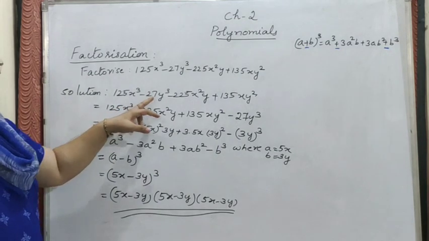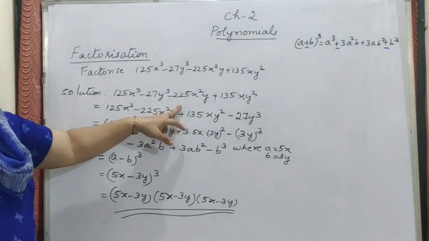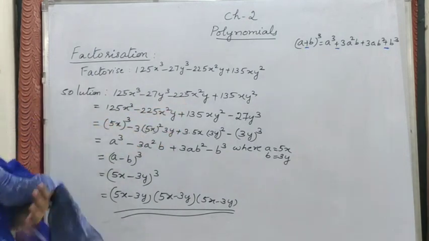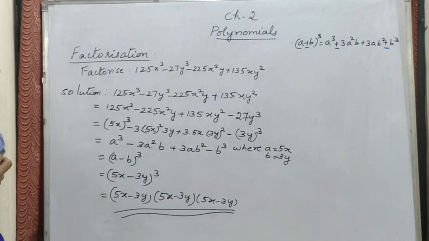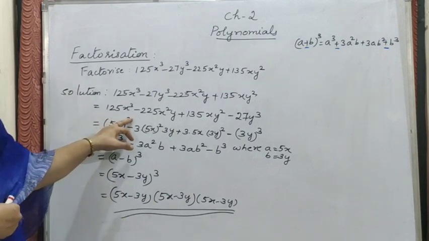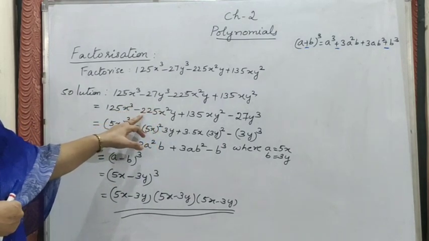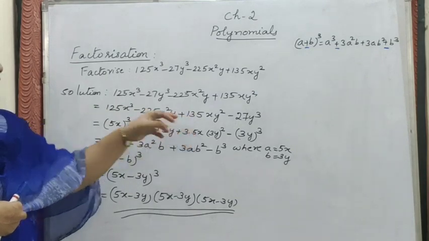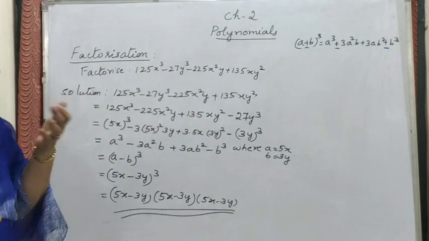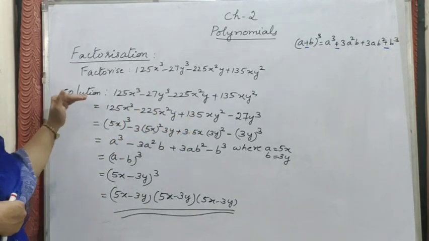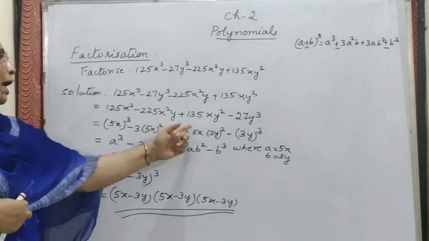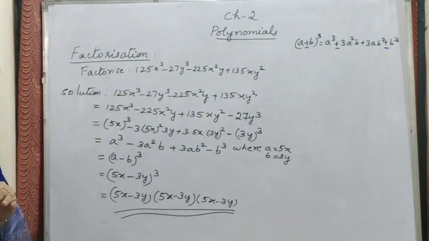So 125x cube minus 27y cube minus 225x square y plus 135xy square: we should arrange first 125x cube, then the x square term, so minus 225x square y, then 135xy square, minus 27y cube. Power of x is decreasing and power of y is increasing. That way we arranged. Now we already have 4 terms.